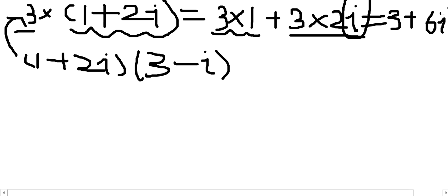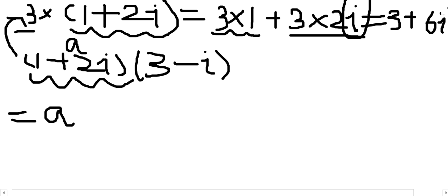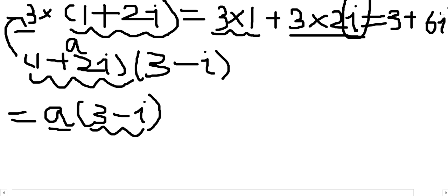One way to do this is to think of the bracket as a number in total. I don't care what is in the bracket; I just know there exists a number a. And the whole thing becomes a times 3 minus i. Suppose a is the price, and these are individual quantities.